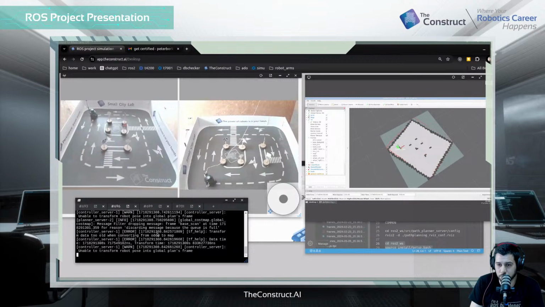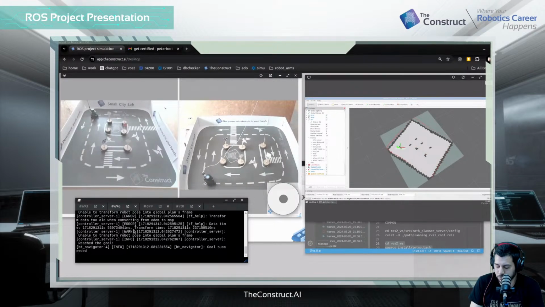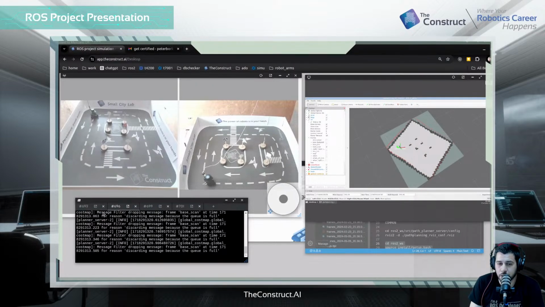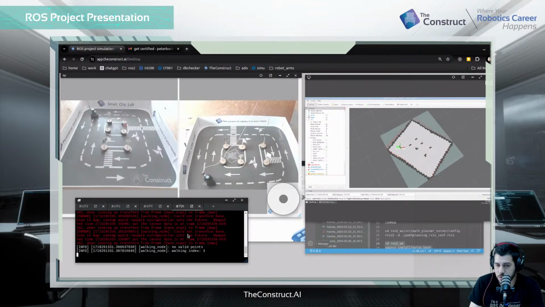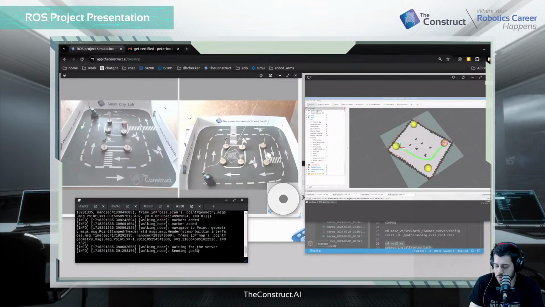It should stop frequently because there are errors in the planner. It lost some frames. I think it's a bit slow. Something is slow probably. I didn't tune it well. So you see it doesn't find valid points, so it is waiting now.